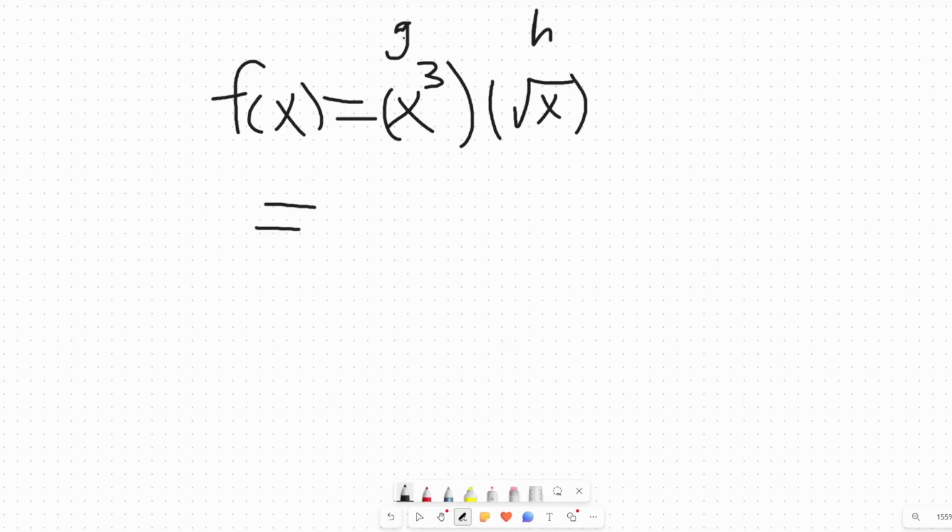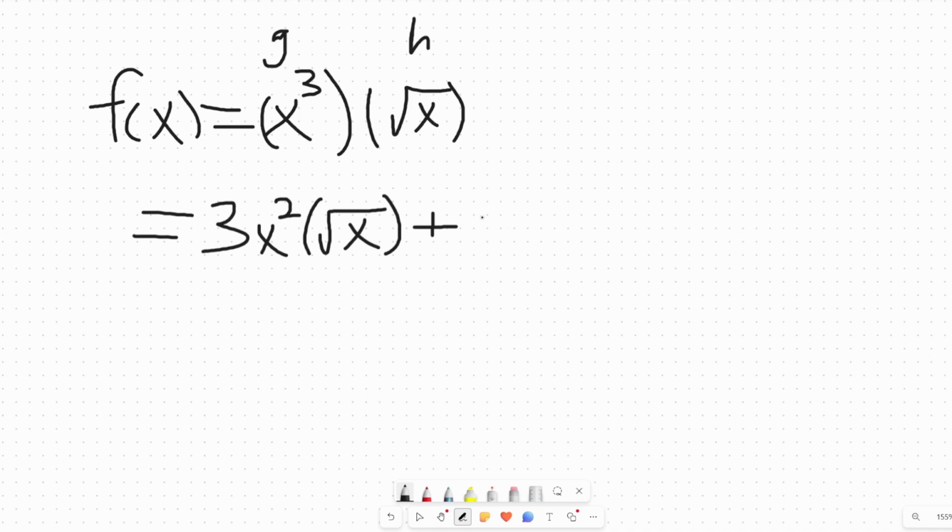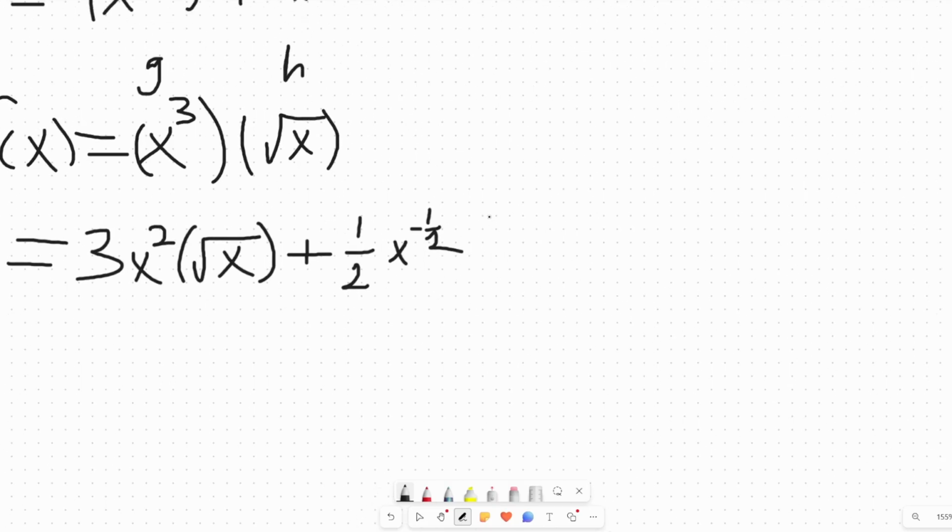So you take g prime, which is 3x squared, times just h, so root x, plus h prime, which would be 1 over 2 times x to the negative 1 over 2. That's the derivative of root x. And then multiply that by g, so x cubed.